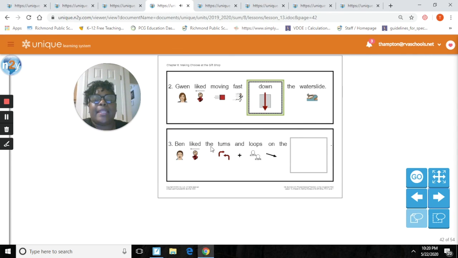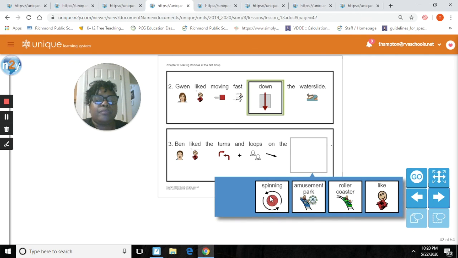Okay, so now Ben liked the turns and loops on the blank. Spinning, amusement park, roller coaster, like. Make a choice. If you look and see at my arrow, you see that we're going to the part of the story that talks about who? Ben, and what he liked.